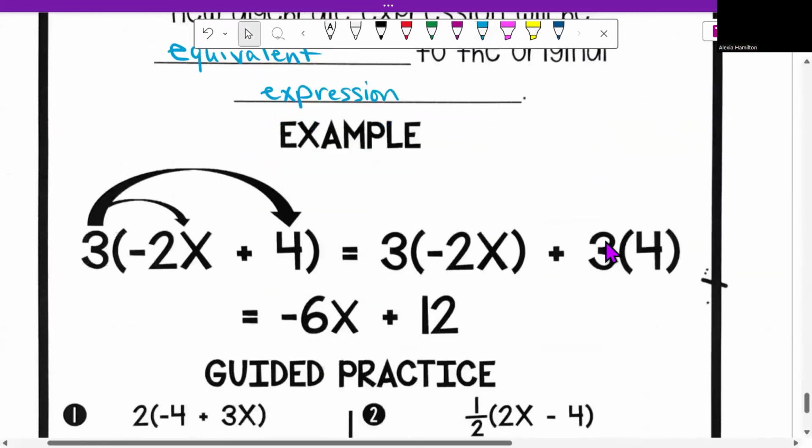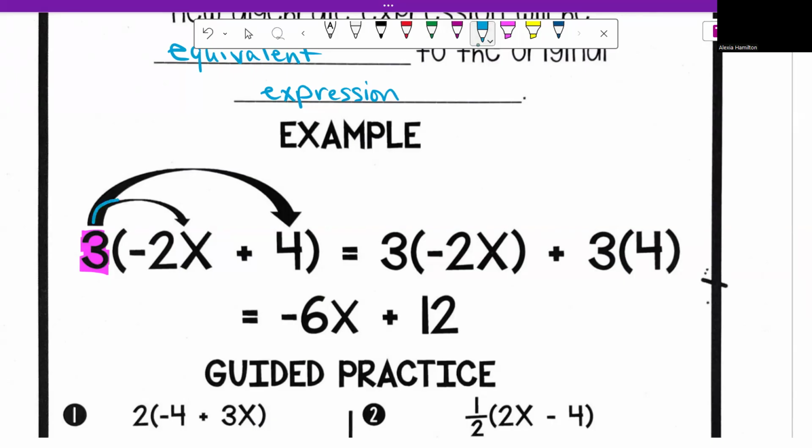Okay, so then let's look at this example. We have a 3. And then we have arrows drawing. So that started off with a 3 times the parentheses, -2x plus 4, close the parentheses. What the distributive property says is we're going to take the 3 and we are going to multiply it by each term inside the parentheses.